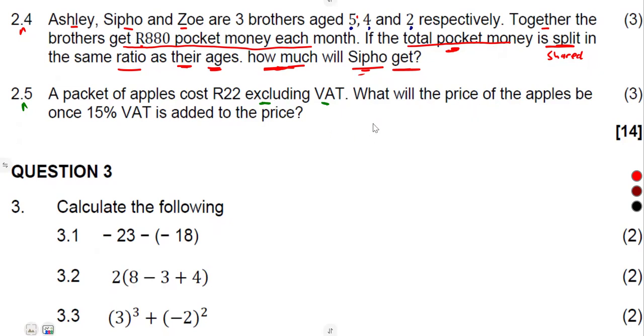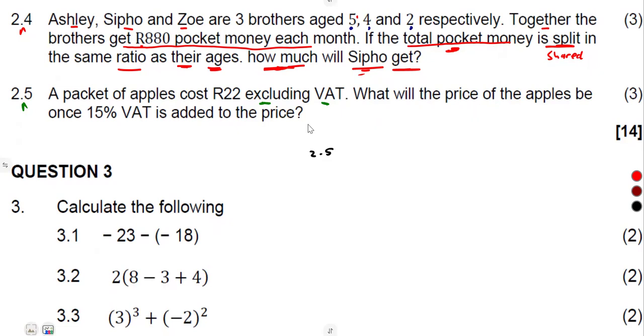So when we do not have the value added tax, when VAT is not included, it means the price will be at 100%. This is the price that the shop owner wishes to be selling the product at.